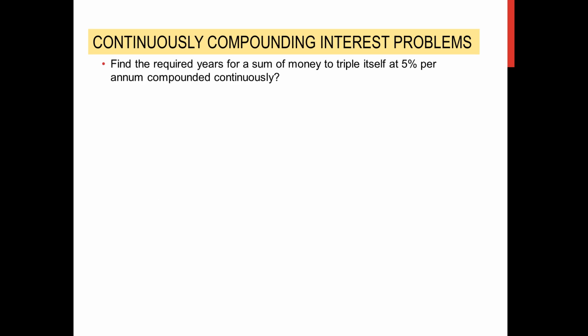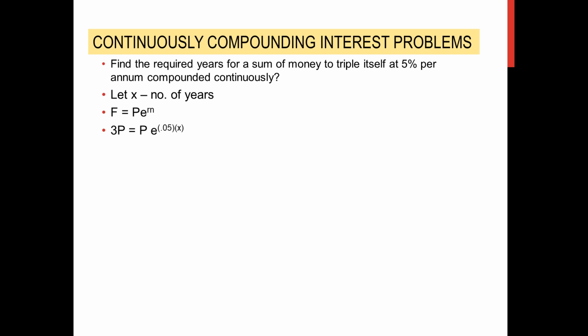Find the required years for a sum of money to triple itself at 5% per annum compounded continuously. So this time we are going to determine n. Say x is the number of years. We have the formula, and remember, triple means 3P, or P will become 3P after a certain number of years, x.